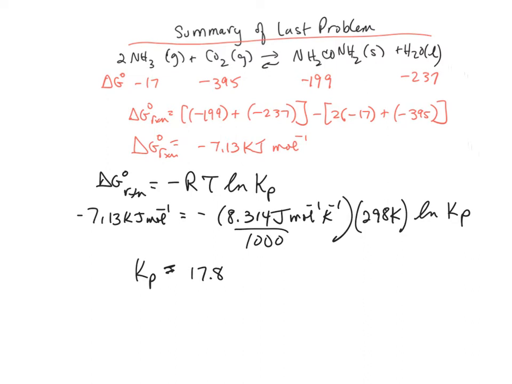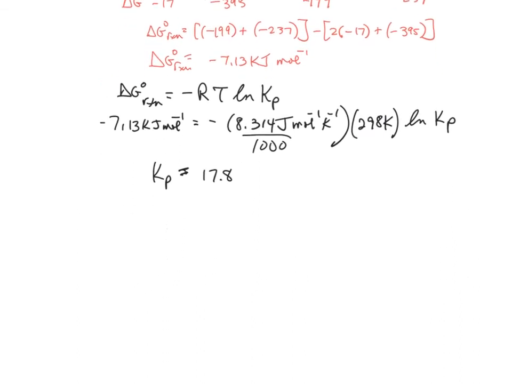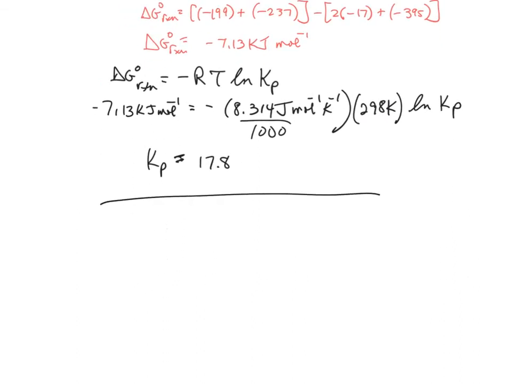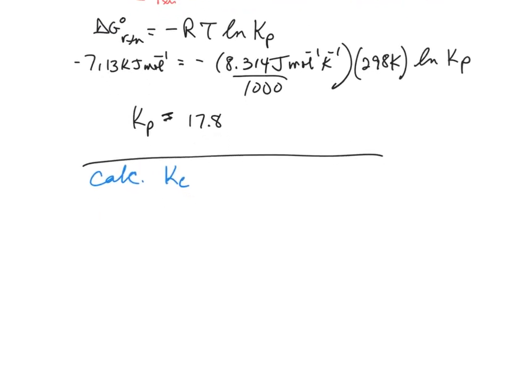So next, if we wanted to go to Kc from here, so calculate Kc from Kp, then we would use the equation that we talked about earlier in our equilibrium chapters.